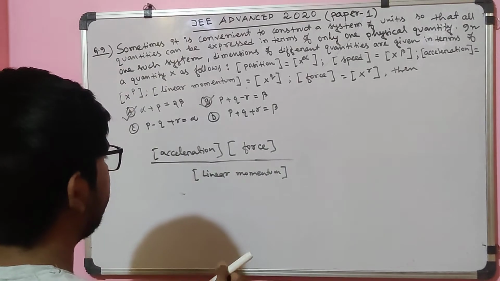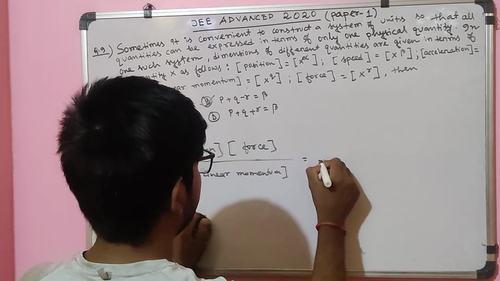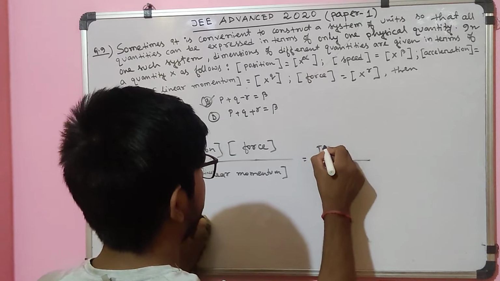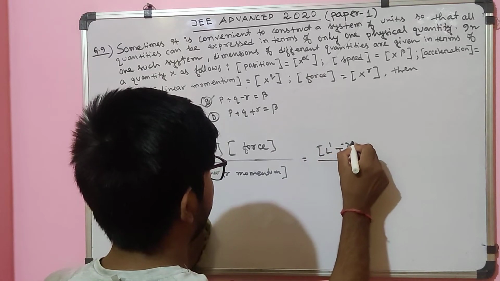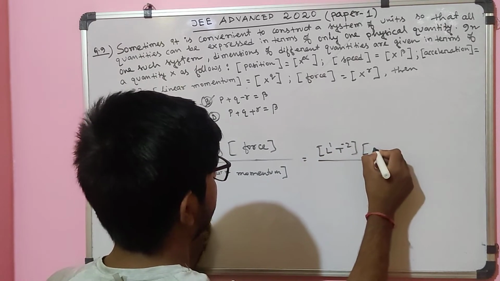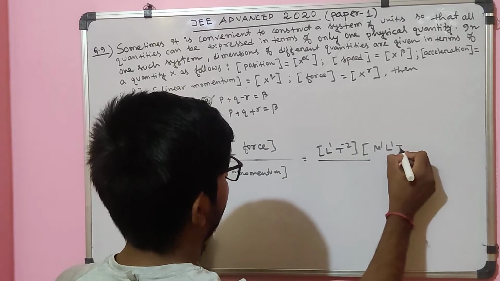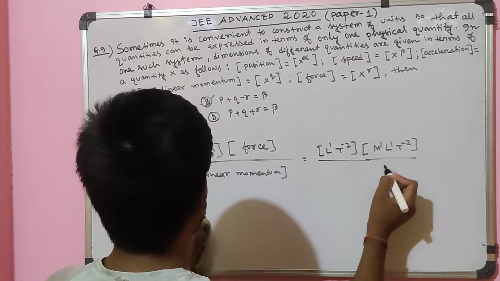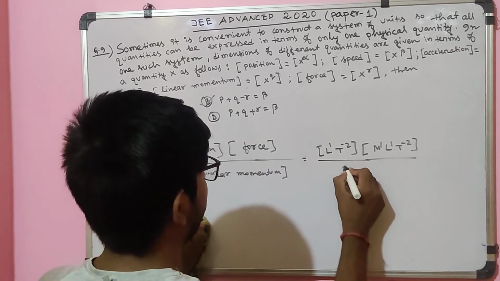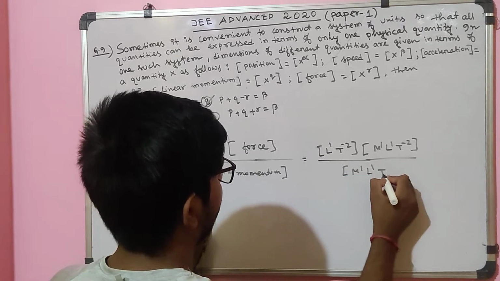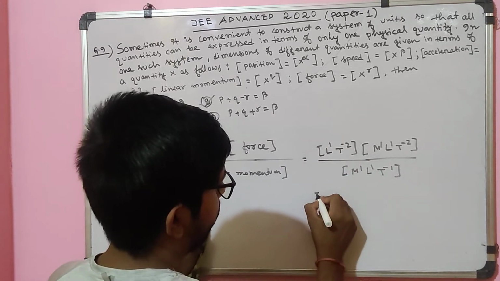Acceleration is L1 t minus 2, force is M1 L1 t minus 2, and linear momentum is M1 L1 t minus 1.